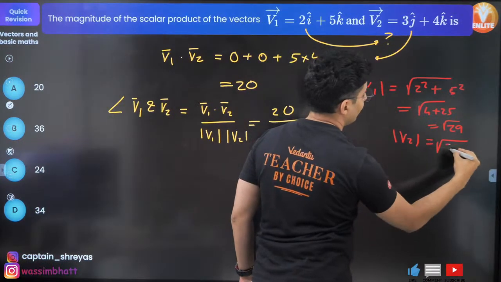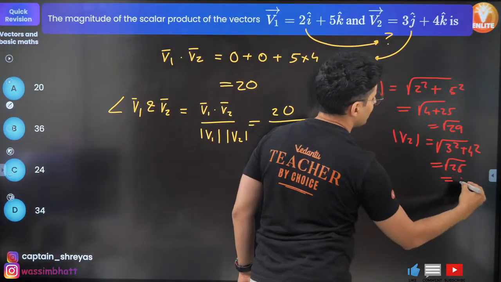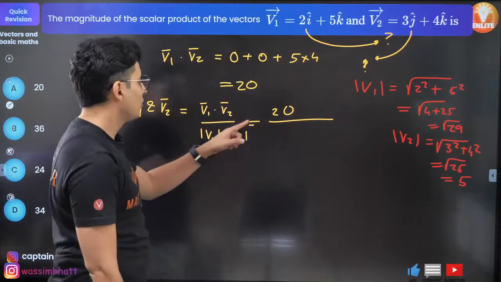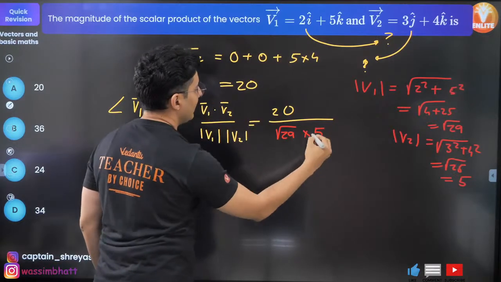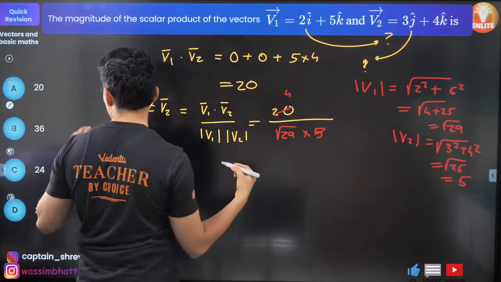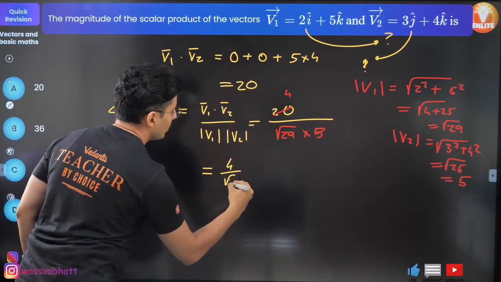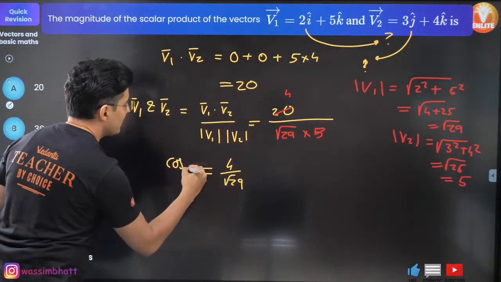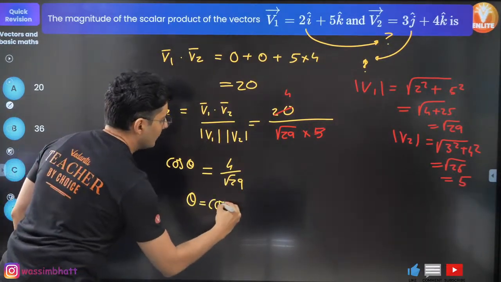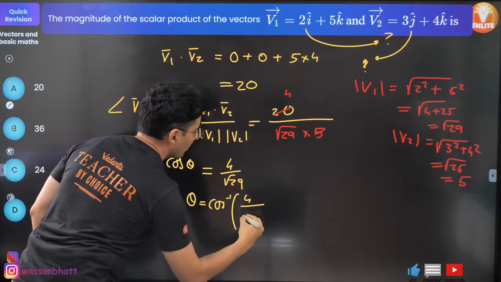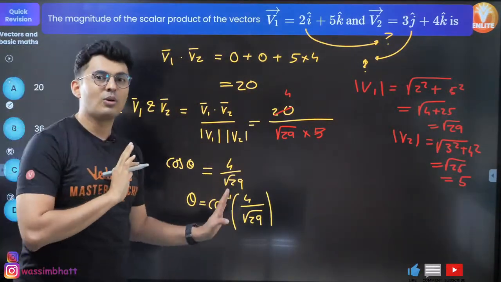It is 3 square plus 4 square, which is root of 25, which is just 5. So just put it over here: root 29 multiplied by 5. 5 goes into 20 four times. Hence I get 4 by root 29 as cos theta. So theta will be cos inverse of 4 by root 29. That's the answer.